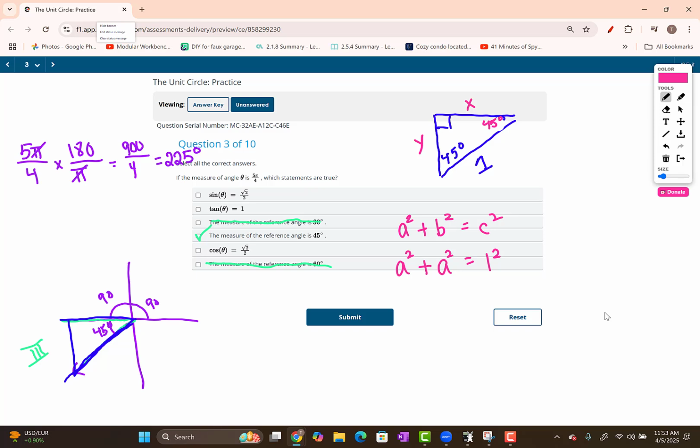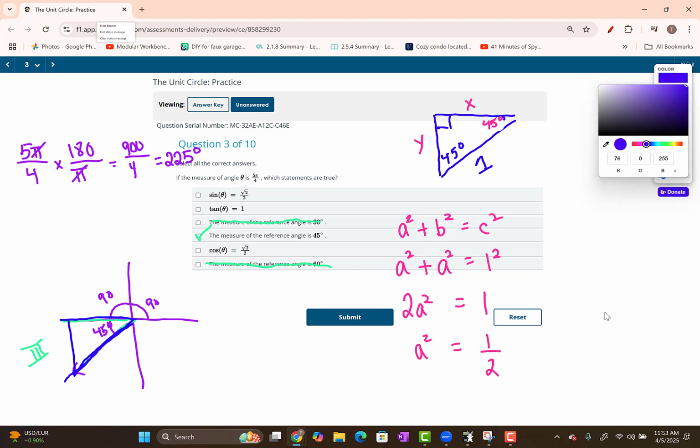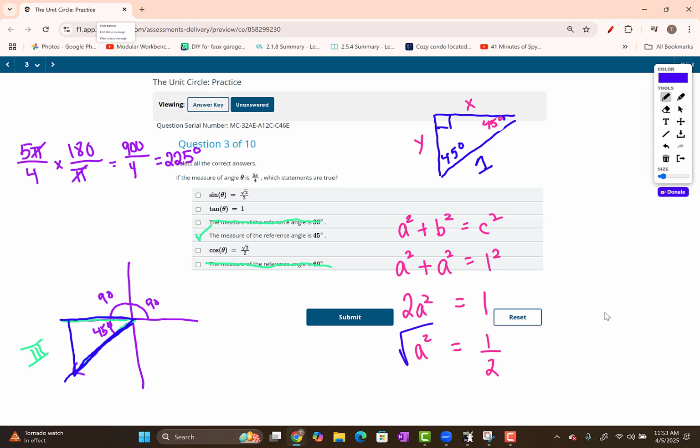So a squared plus a squared is 2a squared. 1 squared is 1. Divide both sides by 2. We get a squared equals 1 over 2. Take the square root of both sides, and we're going to get a equals plus or minus the square root of 1, which is 1, over the square root of 2.